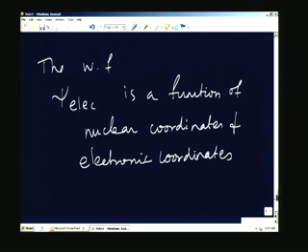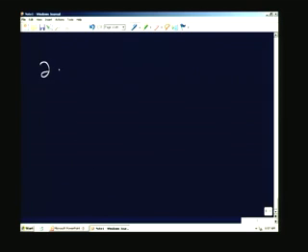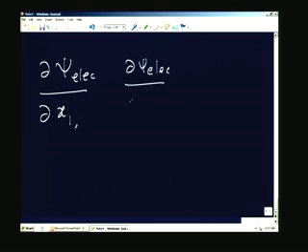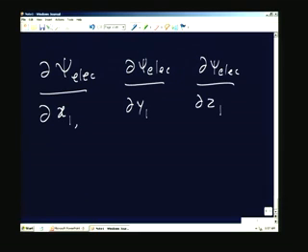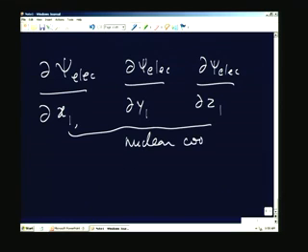But what is being thrown away is dou psi electronic with respect to dou x1, or dou psi electronic with respect to dou y1, dou psi electronic with respect to dou z1. All of these are nuclear coordinates of nucleus 1. And dou psi electronic with respect to dou x2, likewise the other two terms. You throw away these as unimportant, not significant. You do not make them 0.